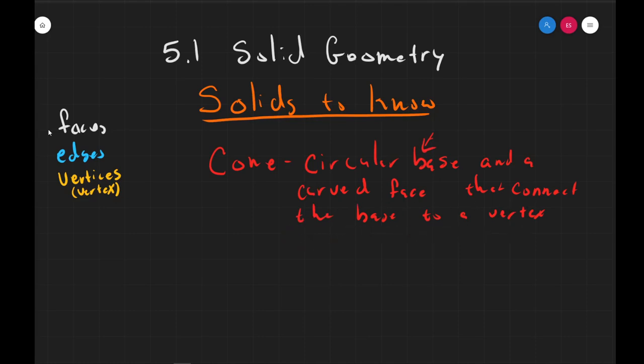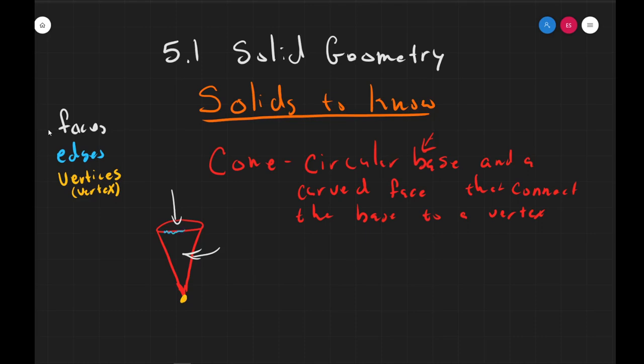Okay, so that would be something like this, where you have a circular base that is a face of your cone. Then you have a curved face that connects the base to a vertex. We have a vertex down here, and then we have one edge going around our cone.